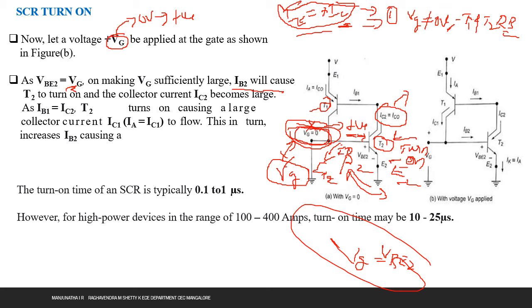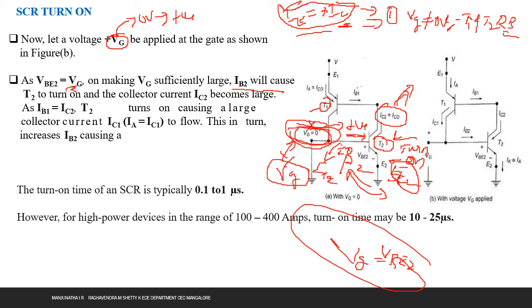So when IB2 is large, IE2 is also large, and IC2 is also large. With this connection, the base of transistor T1 is short circuited with the collector of transistor T2.